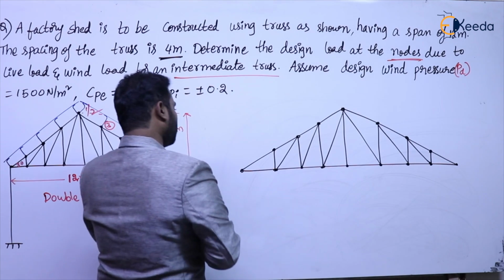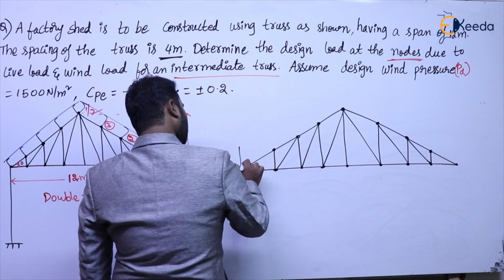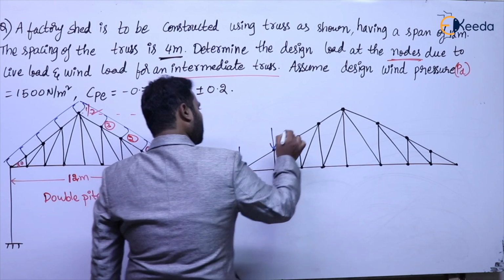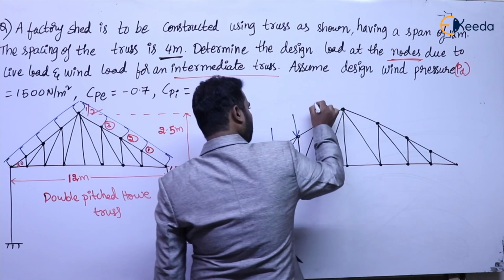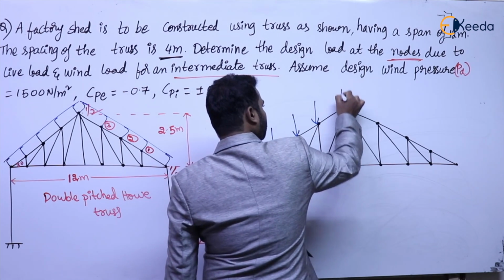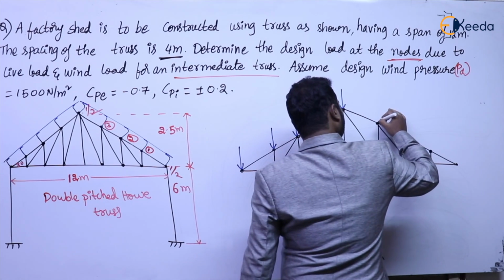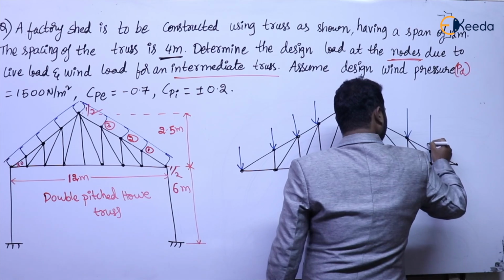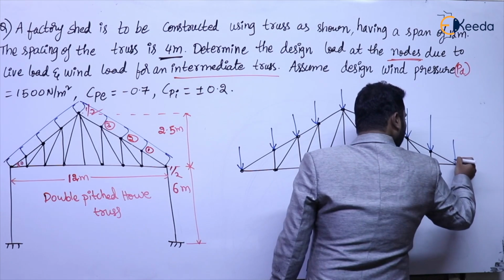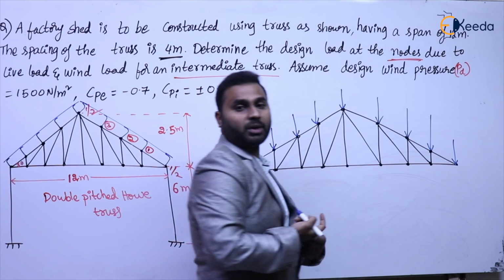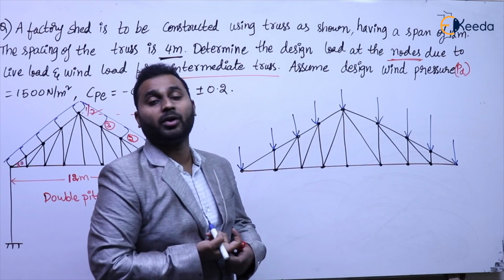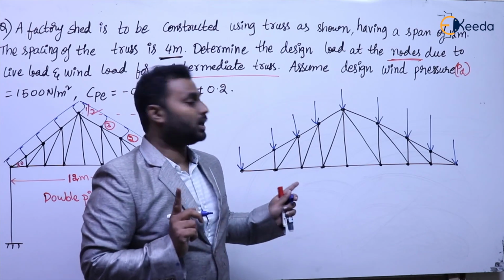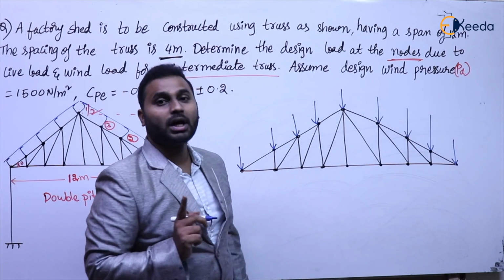So this is how the loads are going to act for this panel. Now intermediate nodes are considered as full panel points. Now what is the load on intermediate nodes or full panel points?